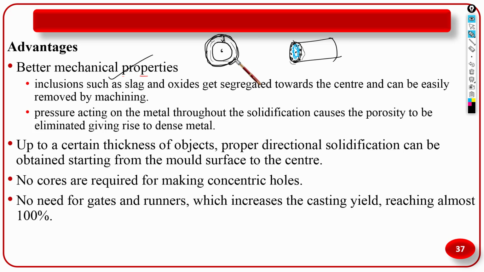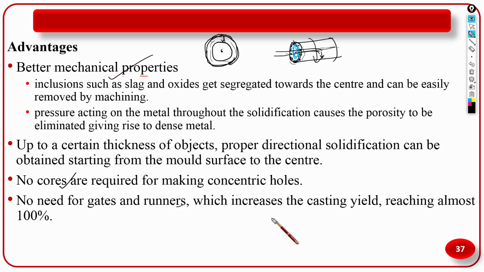to improve the mechanical property. I told you there is no need of cores for making the hollow casting, isn't it? And gates and runners are not required, because when the metal is rotated, there is a pipe through which the molten metal is poured inside. This pipe will run from here to there, pouring metal at this place, and then it will come back.